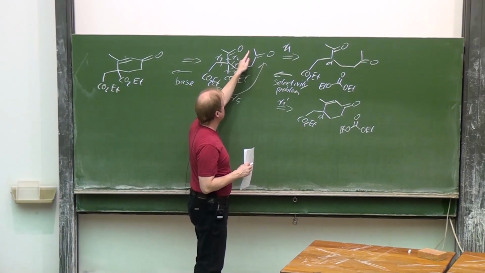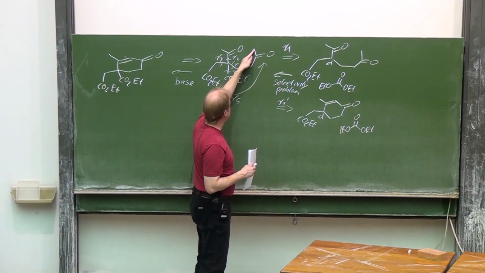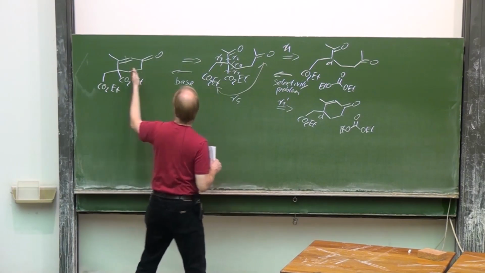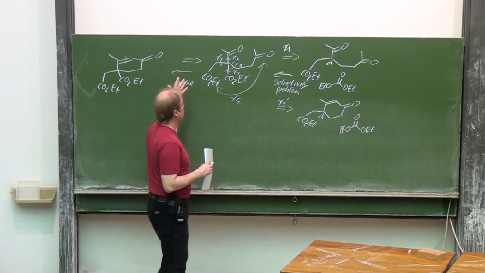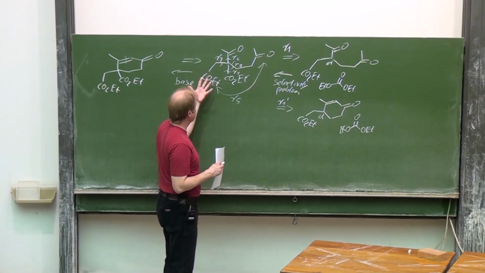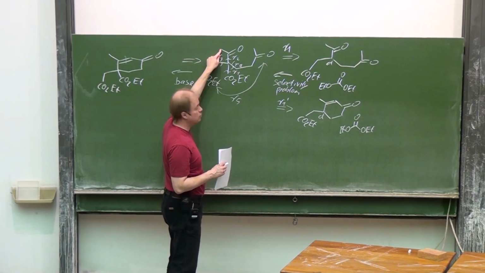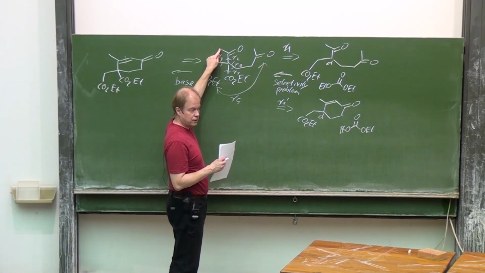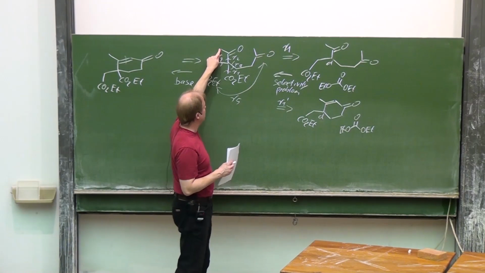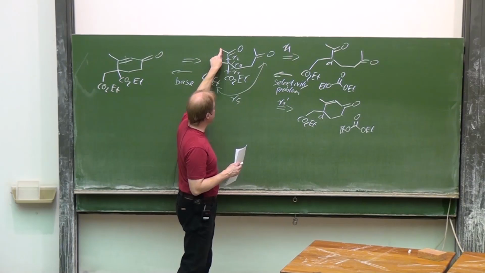Since you could deprotonate here and make the C-C bond formation from here to there, resulting in this structure. But what hinders the system from being deprotonated here and the C-C bond formation taking place from here to there?